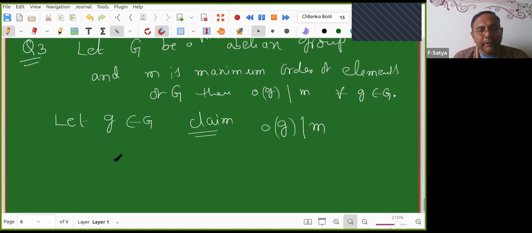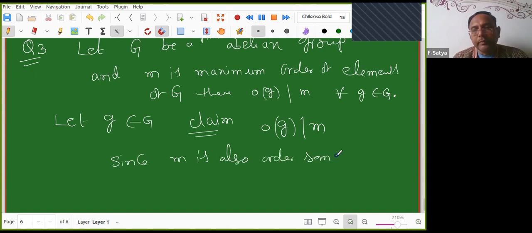M is also the order of some element, say h, since M is the maximum order of elements of G, out of all orders.